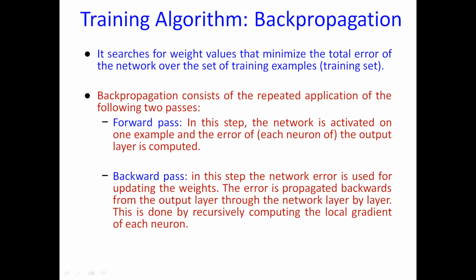So in this fashion, we can say that this training algorithm, the backpropagation algorithm, searches for weight values that minimize the total error of the network over the set of training examples, that is, the training set. This backpropagation consists of the repeated application of two processes. One is the forwarding process, which is the forward pass.